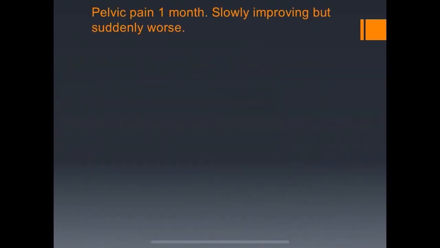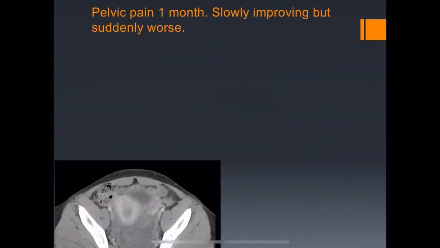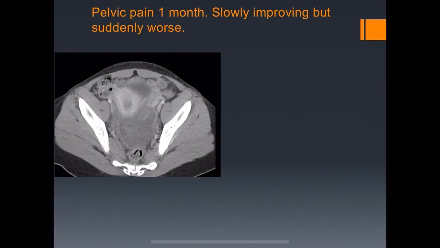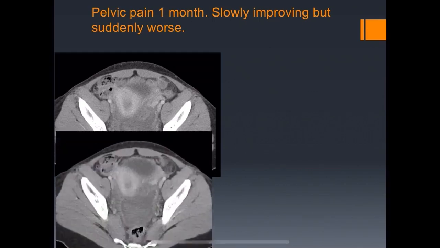Another corollary, pelvic pain for 1 month, slowly improving but suddenly worse. So here we have a similar appearing low attenuation structure, midline posteriorly. Again, suspicious for possibly a torsed ovary, but a little strange looking. It's got this rim of hypervascularity, like a little rim of wall. So could this be a chronically torsed ovary?